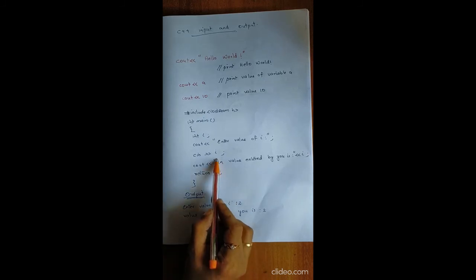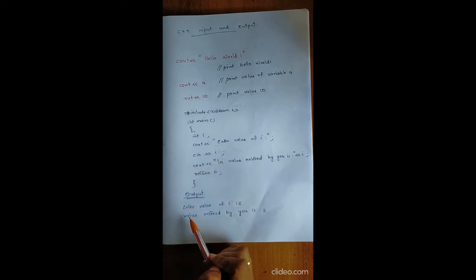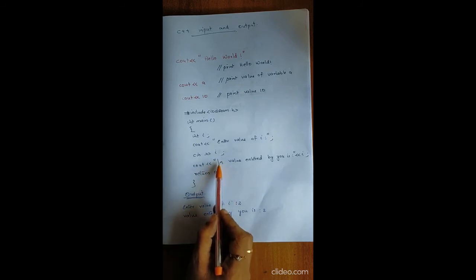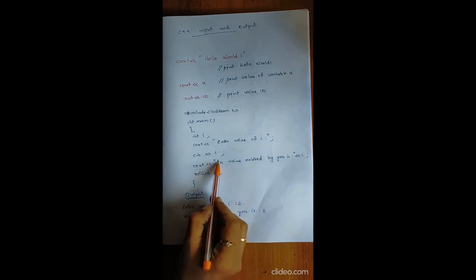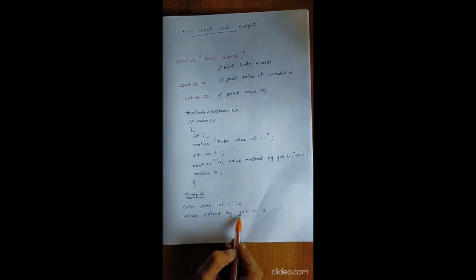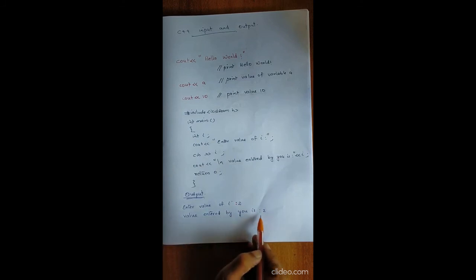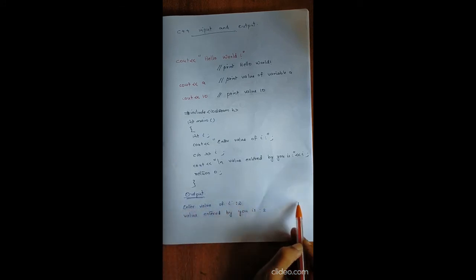And here we use new line, that is \n. Due to this \n, this statement, that is value entered by you, comes on the next line. If we do not use this, the value entered by you, 2, comes after this statement.